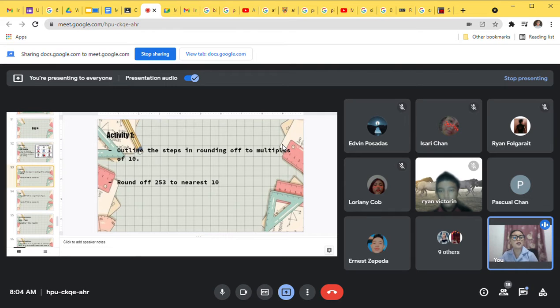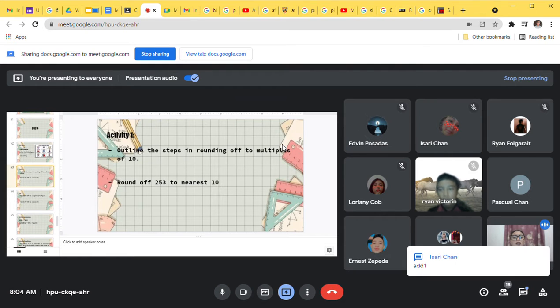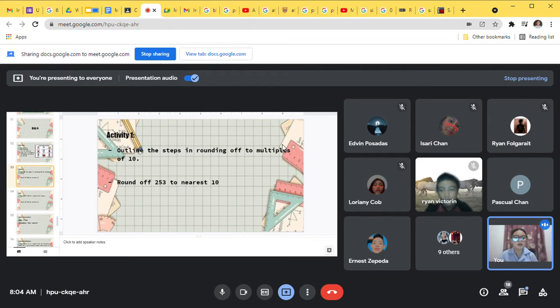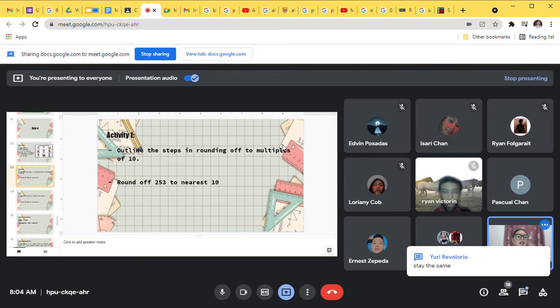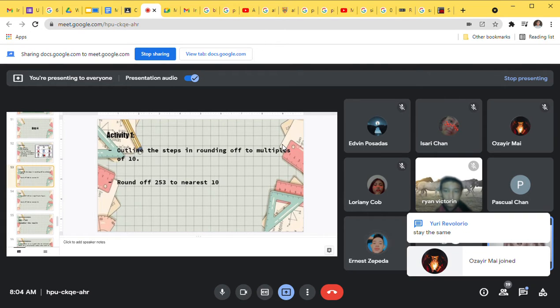If it is more than 5, what do we do? Add one. Very good. We add 1 to the previous number. If the number is less than 5, what do we do? Ladies. It stays the same. Very good, right? So that is how we go by rounding up to the multiples of 10.